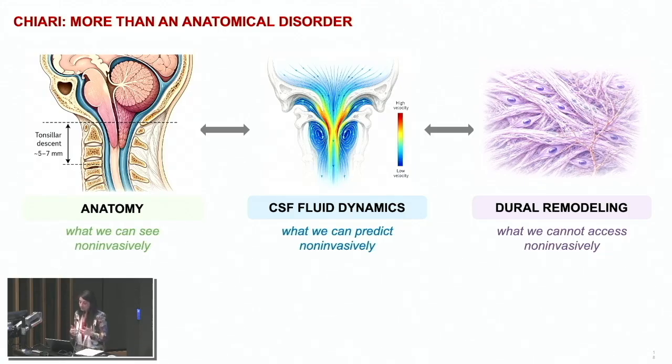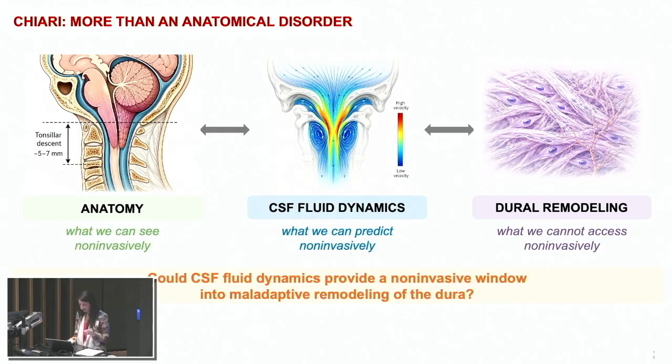So we do think that dural and myodural tissue remodeling may be a missing piece of this puzzle. Right now, it is essentially invisible to clinical decision making because we cannot assess it until we take it out and test it in the lab.